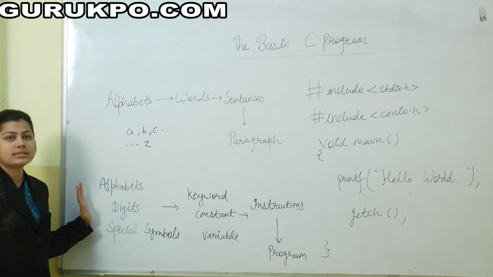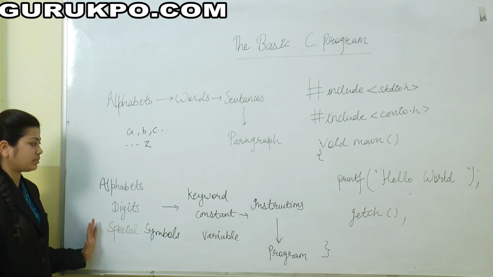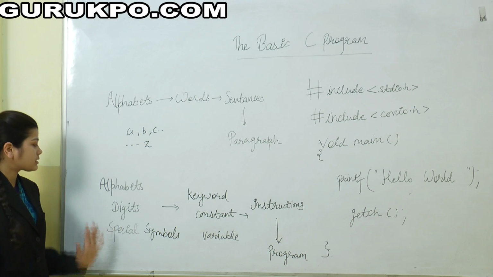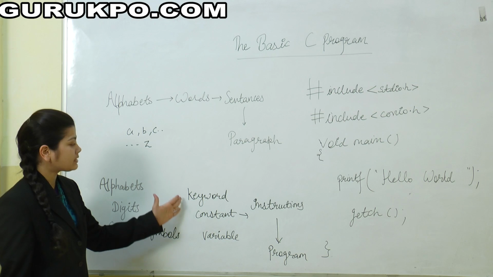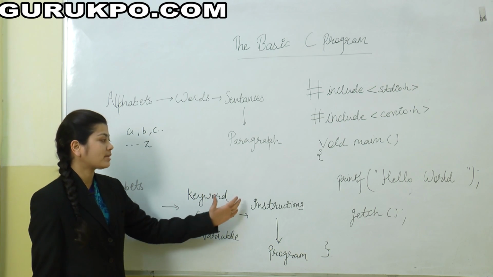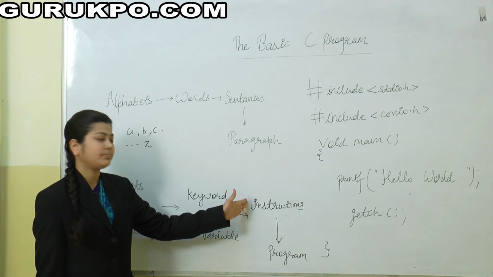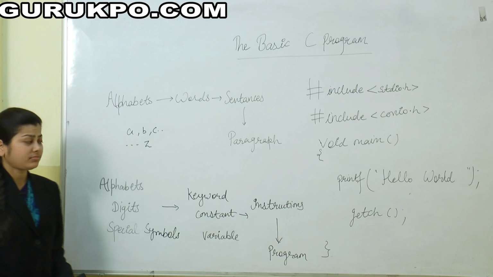Similarly, in the C program, we have alphabets, digits and special symbols. Their combination makes constants, variables and keywords, and the combination of constants, variables and keywords makes instructions, and the program is basically a set of instructions.